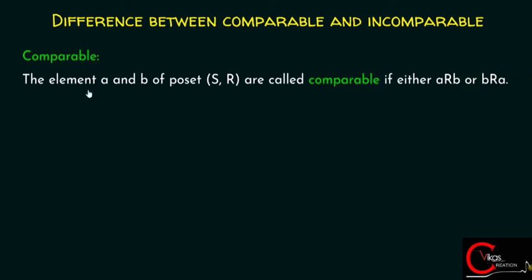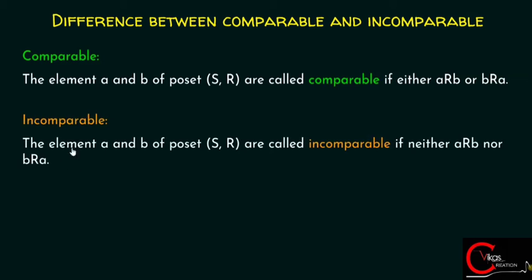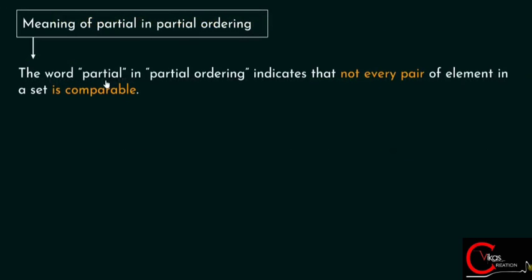Simple, right? The elements A and B, we are talking about two elements of poset (S, R). They are called comparable if either A is related to B or B is related to A. And the elements A and B of poset (S, R) are called incomparable if neither A is related to B nor B is related to A. So here the word partial is quite justified because not every pair of elements in a set is comparable.